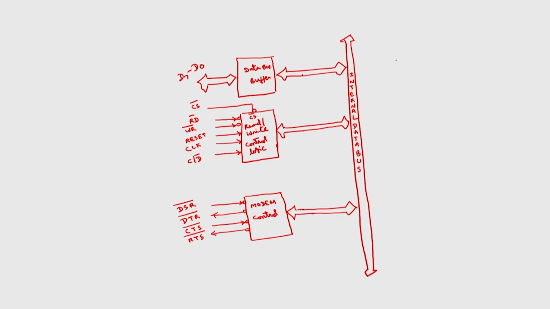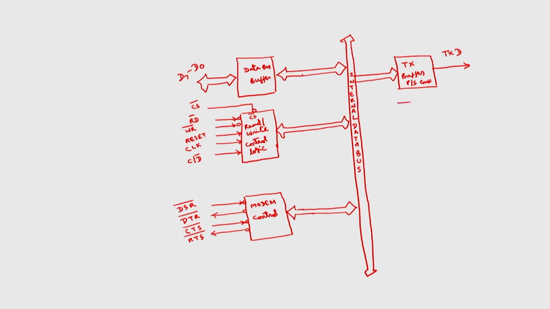On the other side we have the parallel to serial converter, which will act as the transmitter buffer. It will take the parallel data and convert it to serial, and there is one serial data signal called transmit data, TXD. TXD stands for transmit data.